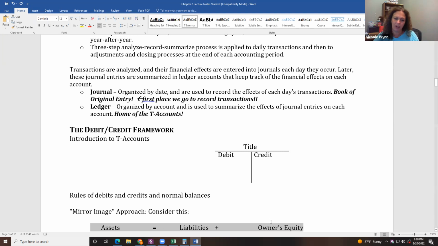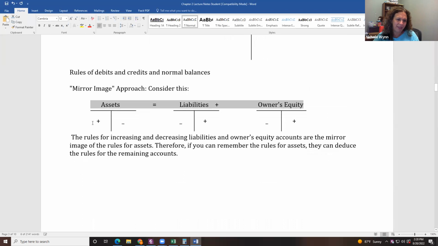Because if you move to the opposite side of the equation, then you switch signs. So if assets increase on the debit side, if I put the plus on the left debit side, then that means that liabilities and owner's equity should have a plus on the credit side because they are on the opposite side of the equation. So that's called the mirror image approach.